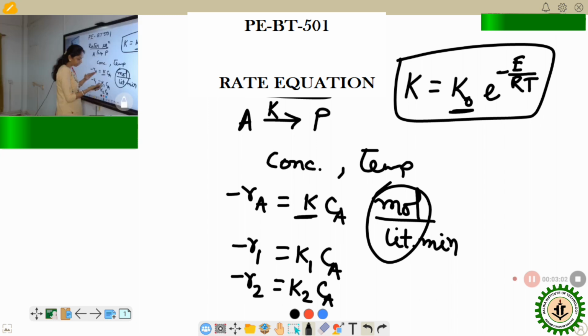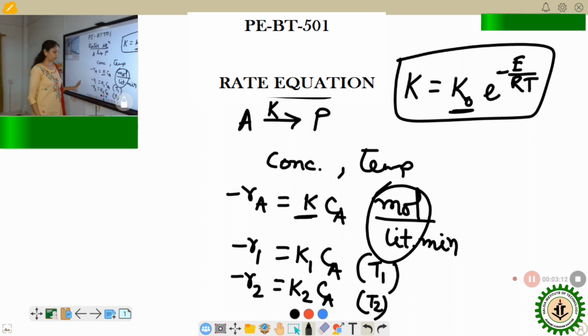So the rate equation will be like this: this is for temperature T1 and this is for temperature T2. Now if we want to find the relation between R1 and R2, or how much faster the rate is than at T1, how will we calculate it? Let's check.